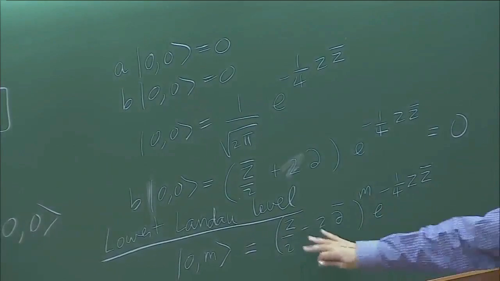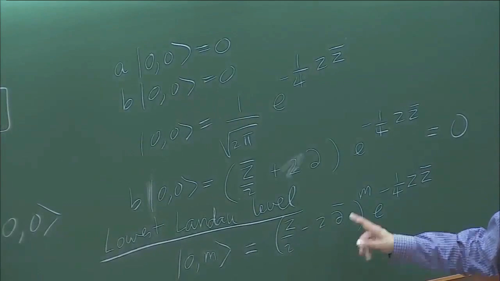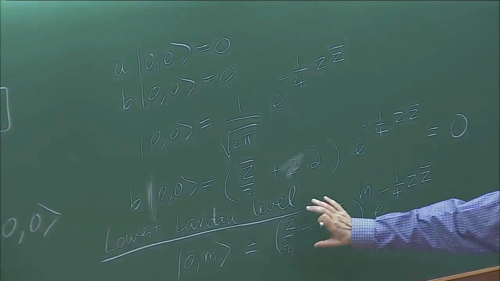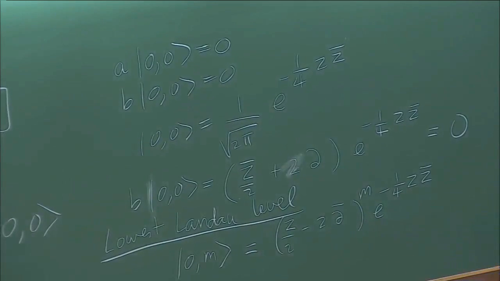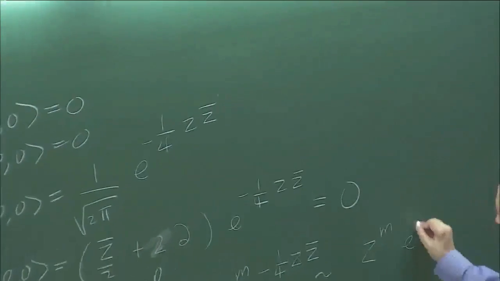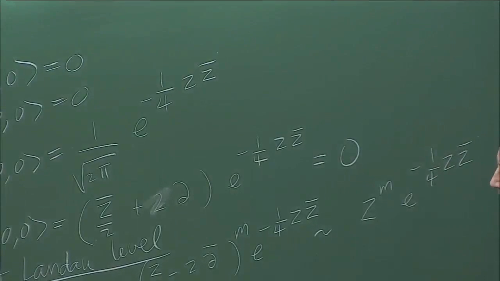So let's ask what happens when I apply just one of these factors. You can see that you get a factor of z. Okay. Then when you apply this again, it commutes with the factor of z, and again acts on the exponential, it gives you another factor of this. So basically this whole thing is proportional to z to the power m, e to the power minus 1 over 4 z bar.